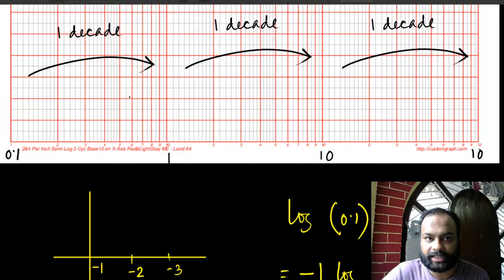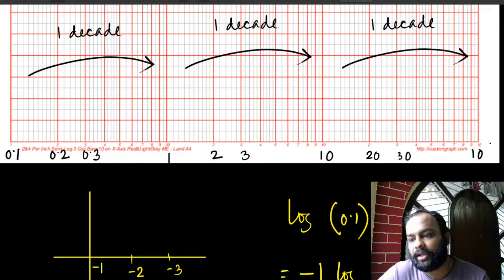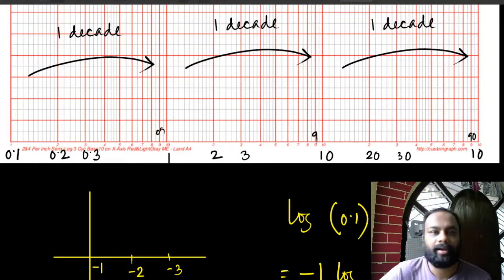3 10-fold changes. But look carefully here, this frequency is going to be 0.2, this is going to be 0.3, this is going to be 2, and so on, right? This is going to be 3, this is going to be 20, this is going to be 30, this is going to be 90, for example, this is going to be 9, this is going to be 0.9, and so on.